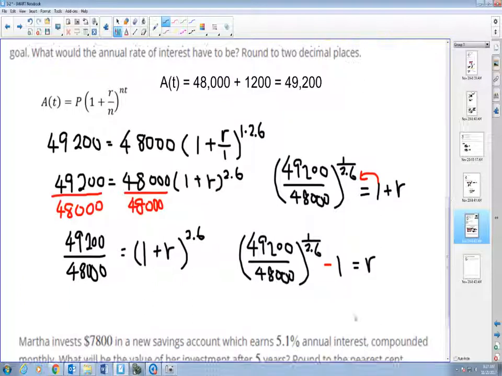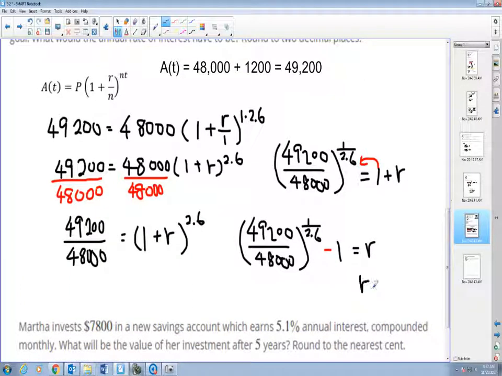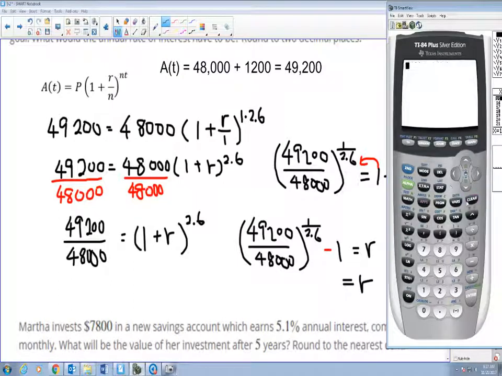Let's be careful here. Let's be very careful about what the problem wants. In the calculator: parentheses, 49200 divided by 48,000, close parenthesis, raised to the parentheses, let the calculator divide this for me, 1 over 2.6, close parenthesis. Then we minus 1 outside the parentheses.